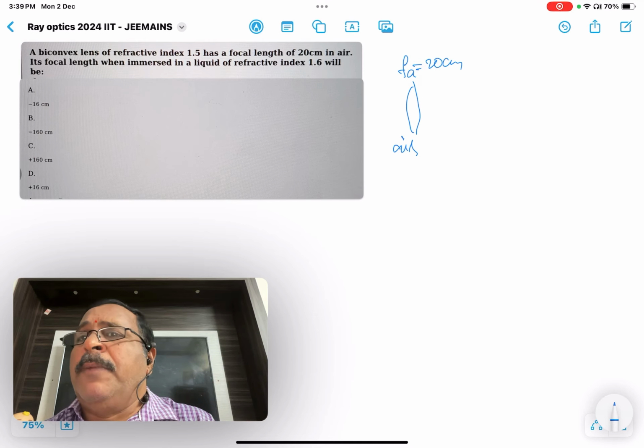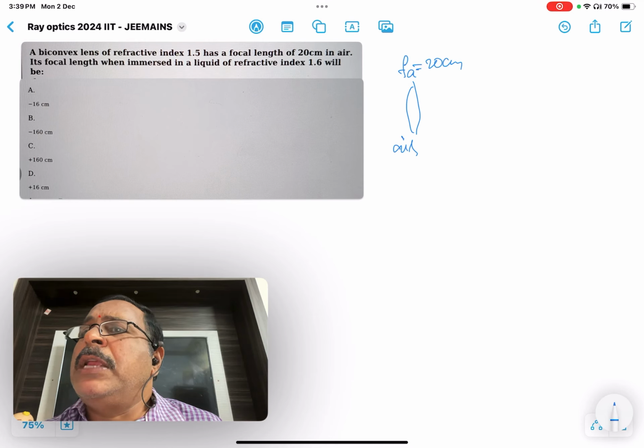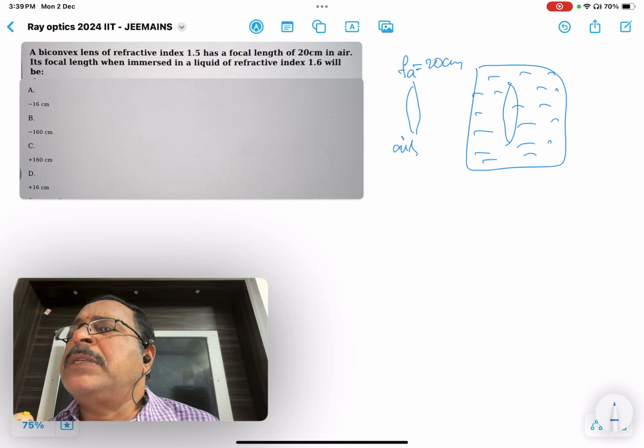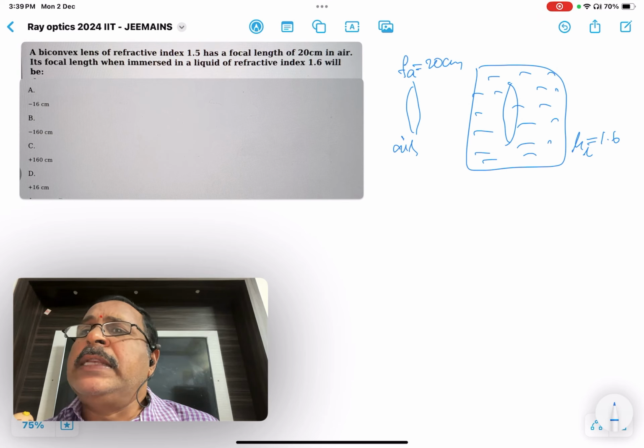Now it is immersed in a liquid. We don't know what the liquid is, but we are considering a liquid of refractive index mu L equal to 1.6. And for this lens, the mu G value is given as 1.5.